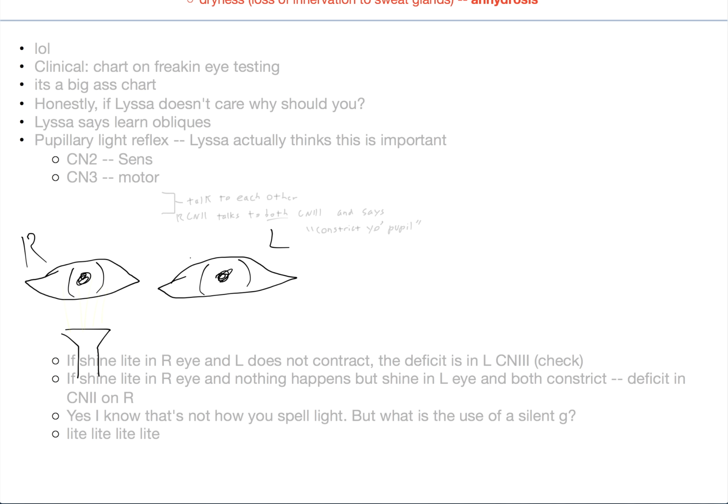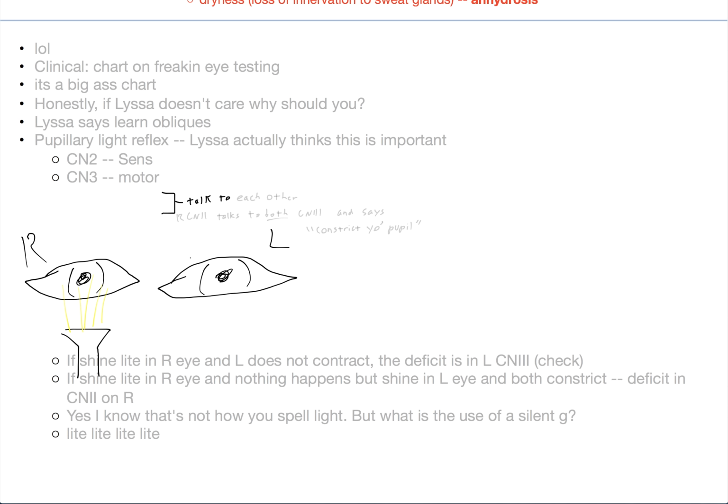It perceives the light. The reflex is that cranial nerve 2 talks to cranial nerve 3 in both eyes and causes the pupils in both eyes to constrict. So cranial nerve 3 is the motor limb, and it is the constriction of the pupils in response to the bright light, right?